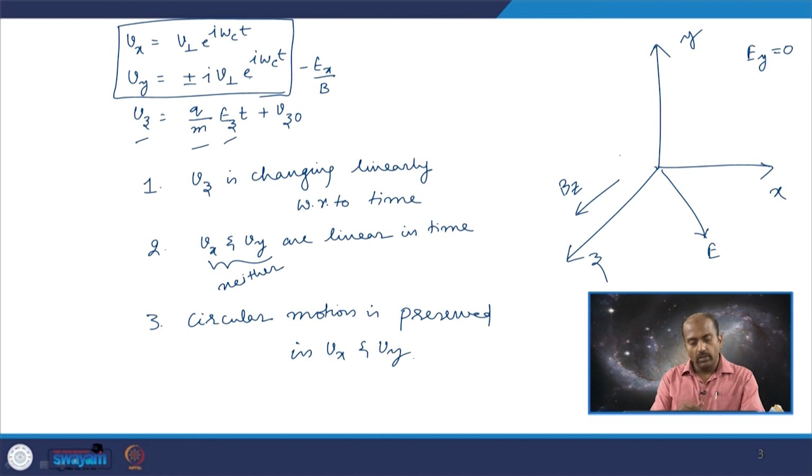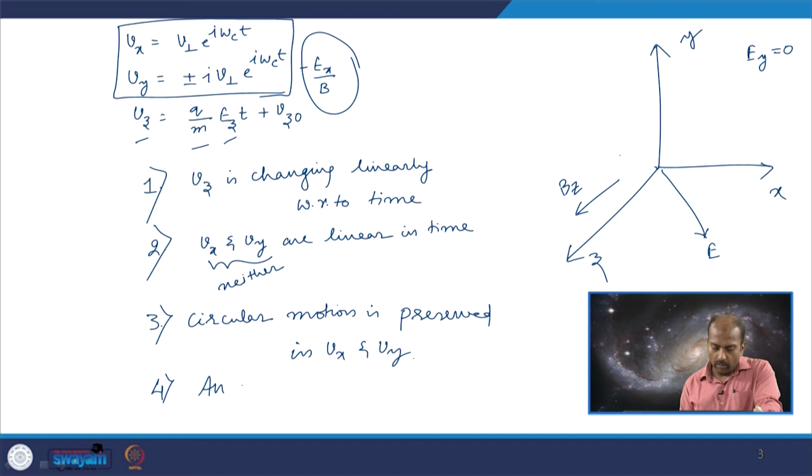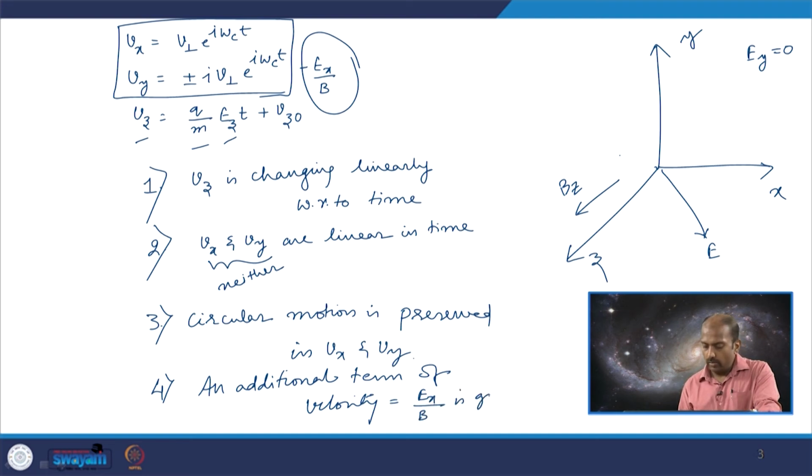In addition to the circular motion, you have an additional velocity component which is Ex by B. So, inference 4 is that an additional term of velocity, which is Ex by B, is given in Vy.